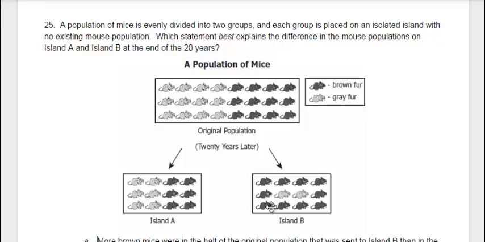25. A population of mice is evenly divided into two groups, and each group is placed on an isolated island with no existing mouse population. Which statement best explains the difference in the mouse populations on island A and island B at the end of 20 years? So here's the original population. We have gray fur ones and brown fur ones. 20 years later, here's island A and the mice found there, island B and the mice found there.